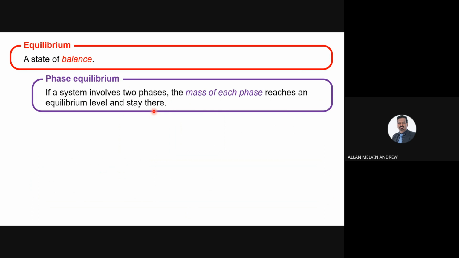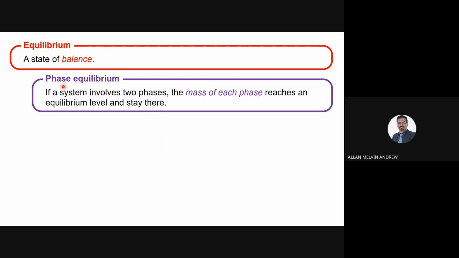If the mass reaches an equilibrium level between two phases, we can say it has reached equilibrium. Equilibrium means it has already reached a balance, so it will not change until you make some changes.